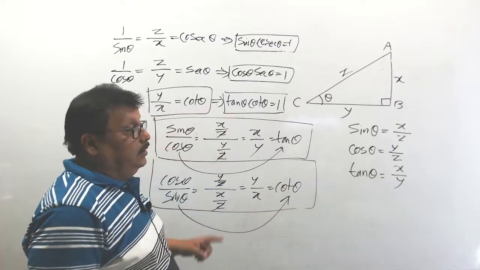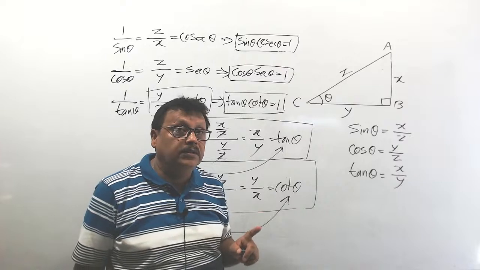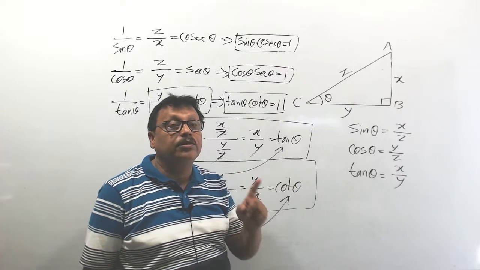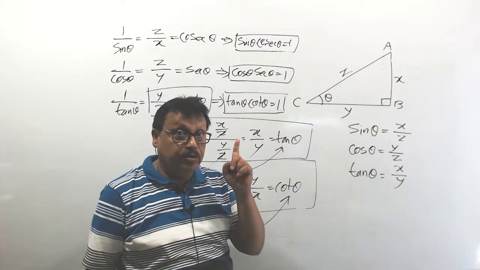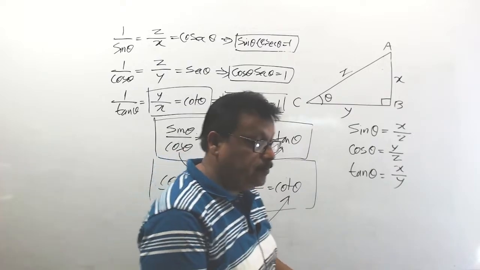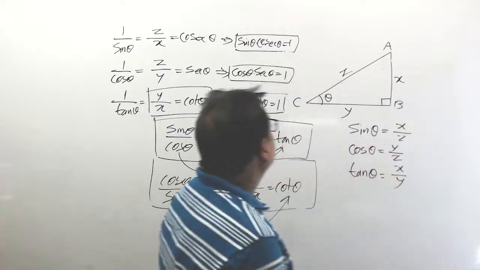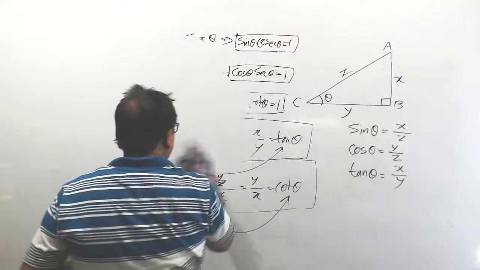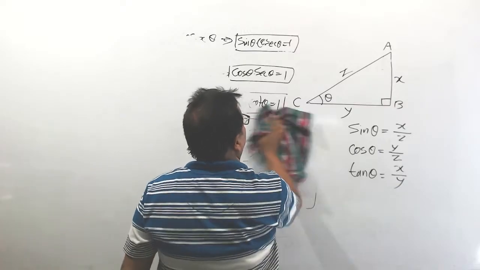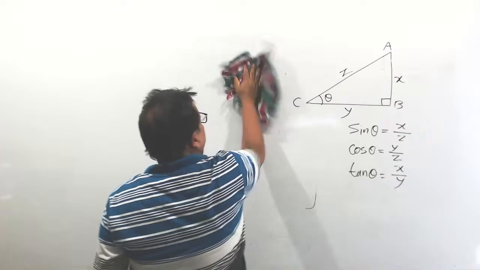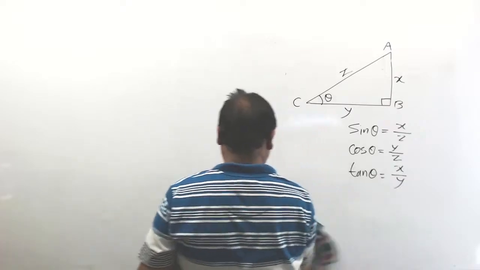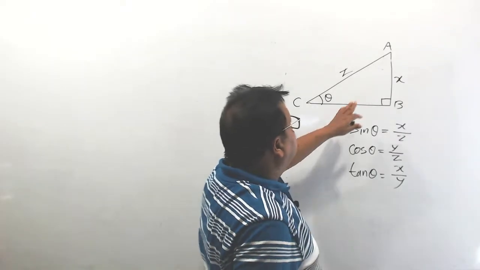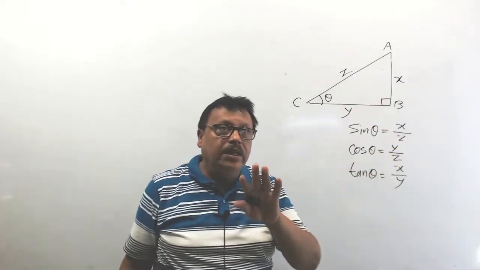Now, there is one very important formula: sin square theta plus cos square theta equals 1. We are showing how this formula came. This triangle is a right angle triangle.